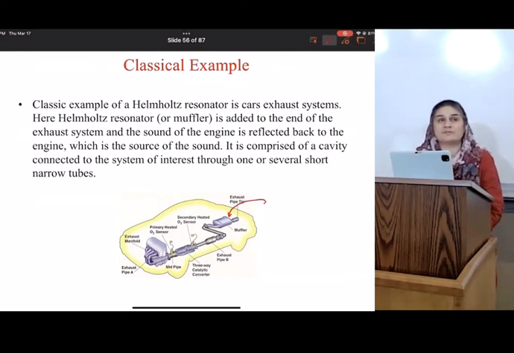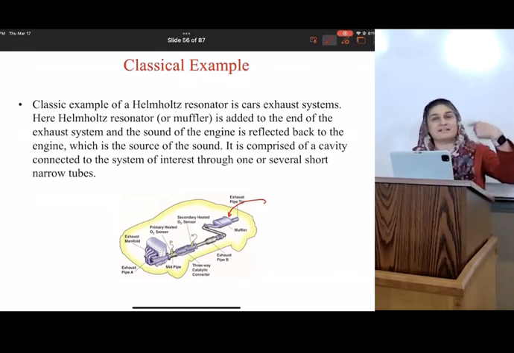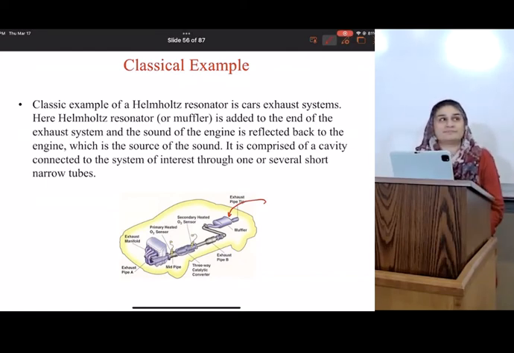Does anyone know what a muffler does? It lowers your car engine noise by reversing it and sending it back to the engine. It muffles the noise. That's why, you know those bikers, right? When you hear that loud sound, all they've done is they've taken out their Helmholtz resonator or a muffler.